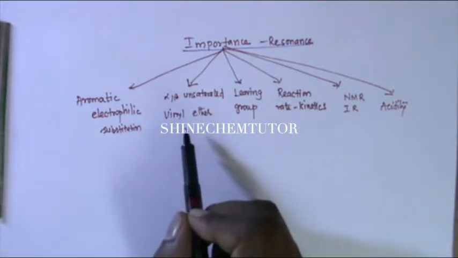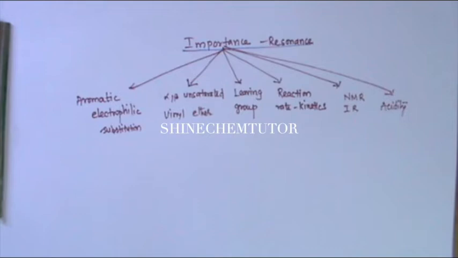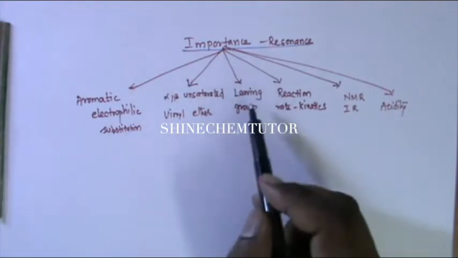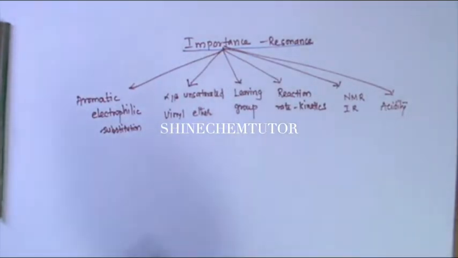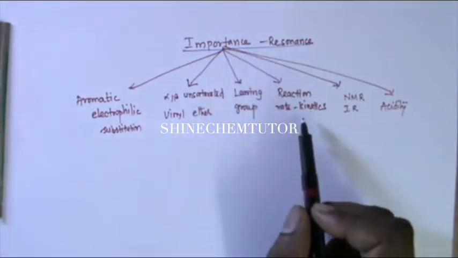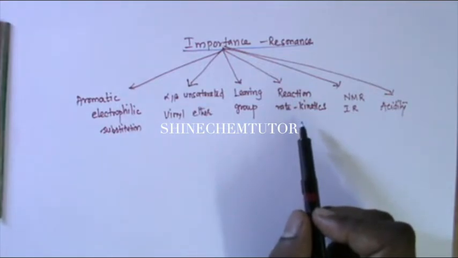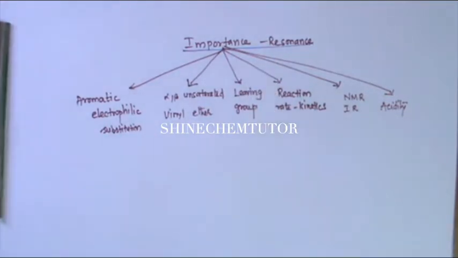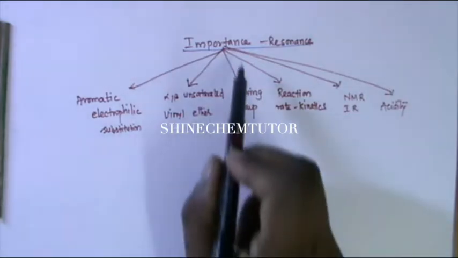Then vinyl ether, it may be methyl vinyl ether or silyl enol ether. And the leaving group tendency of acetate, sulfonate. So we are going to discuss that. How the resonance effect affects the kinetics, the rate of the reaction, how it is getting affected because of this resonance. That is the next topic.